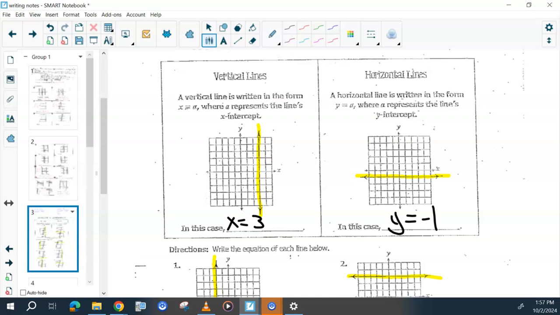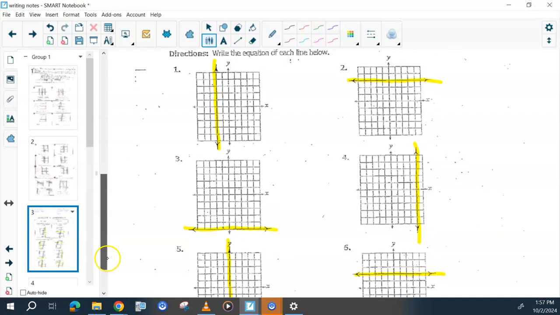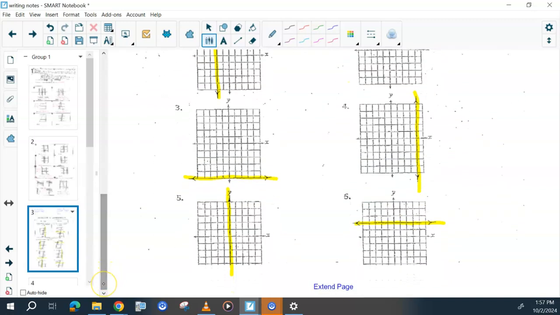Try 1 through 6 for the practice. Number 3, the line is at the bottom.